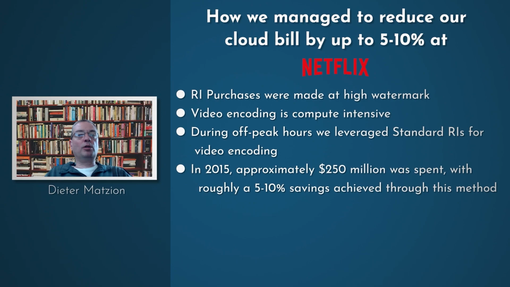So let's say a workload needed 10,000 VMs. We purchased the standard RIs at the high watermark of 10,000. However, during the day, the demand for how many VMs are required fluctuates. It changes based on the hour of the day. Is it morning? Is it noon? Is it afternoon? Is it evening? More people are watching Netflix during the evening.